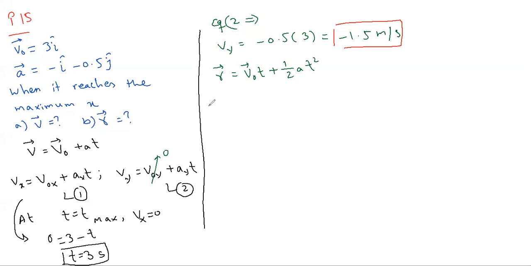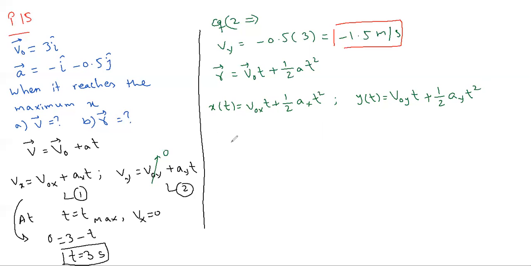We can translate this equation into its components: x of t is equal to v naught x t plus 1 by 2 ax t square, and y of t is equal to v naught y t plus 1 by 2 ay t square.